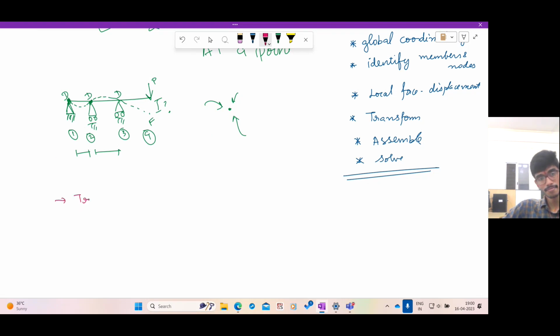Because a truss has no transverse loading of members. So a truss member cannot be loaded this way. So that is not a problem. But if it's a beam member, it can support transverse loads. So you need to ensure that you have a node at the location of the transverse load.